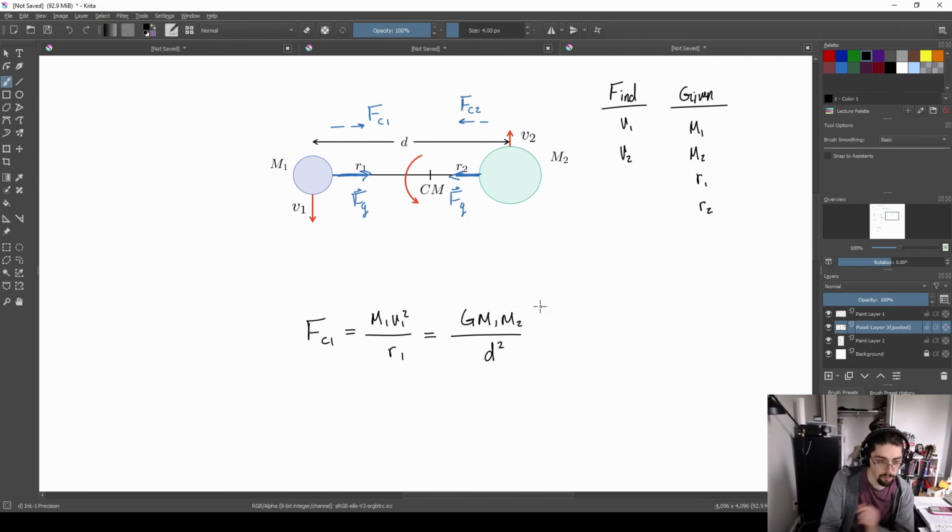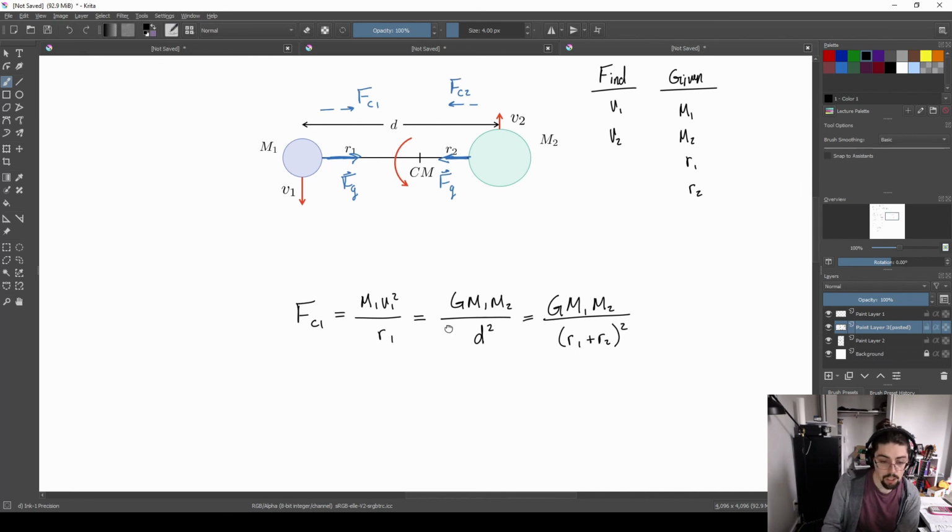Now, I'm going to take that one step further, right? And I'm going to go ahead and say, hey, D is not one of my given variables, but looking at my picture here, D is just R1 plus R2. So this is G M1 M2, divided by R1 plus R2, squared.